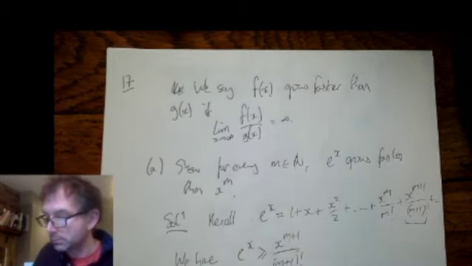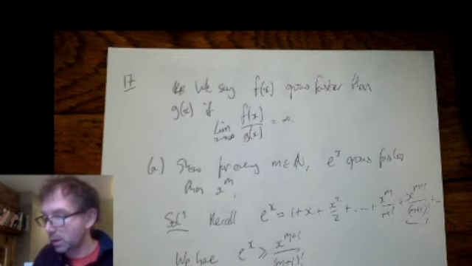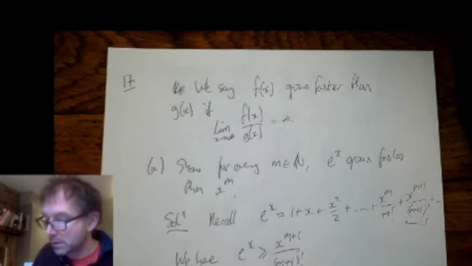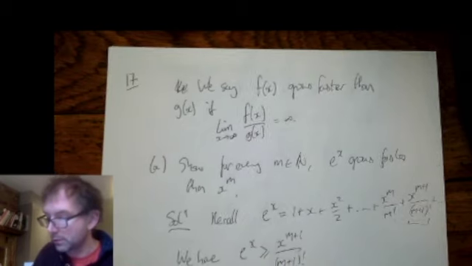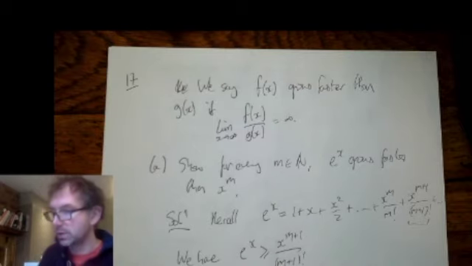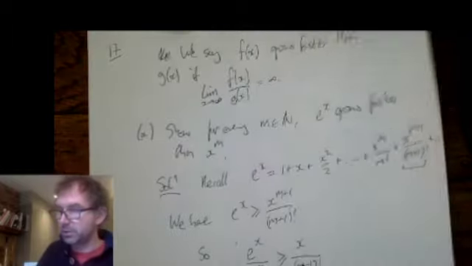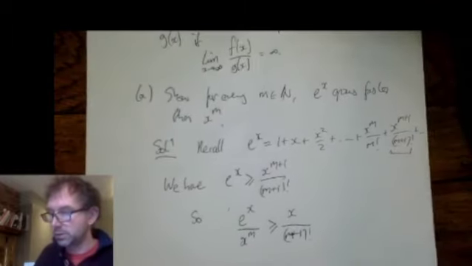And so e to the x over x to the m is going to be bigger than or equal to x over m plus 1 factorial. So that's just dividing both sides by the positive number, which is x to the m.